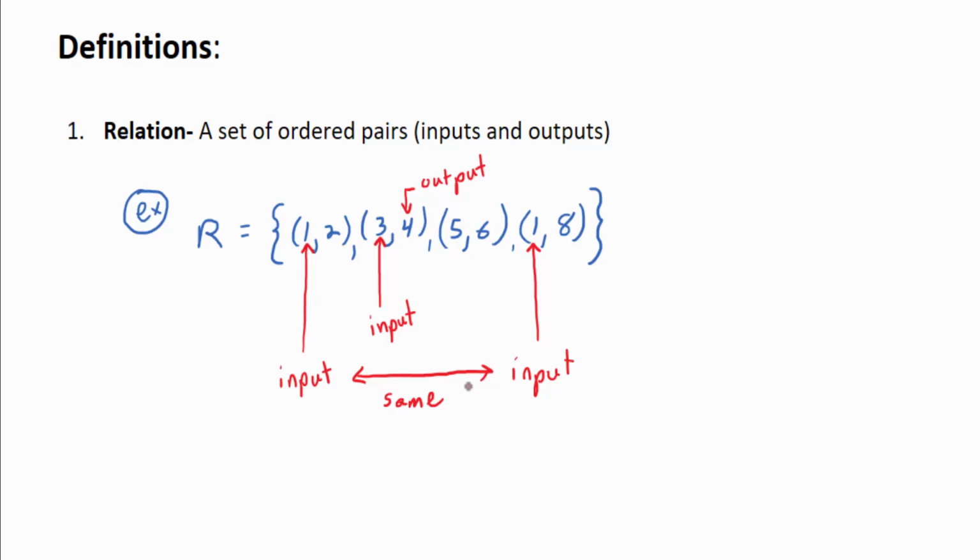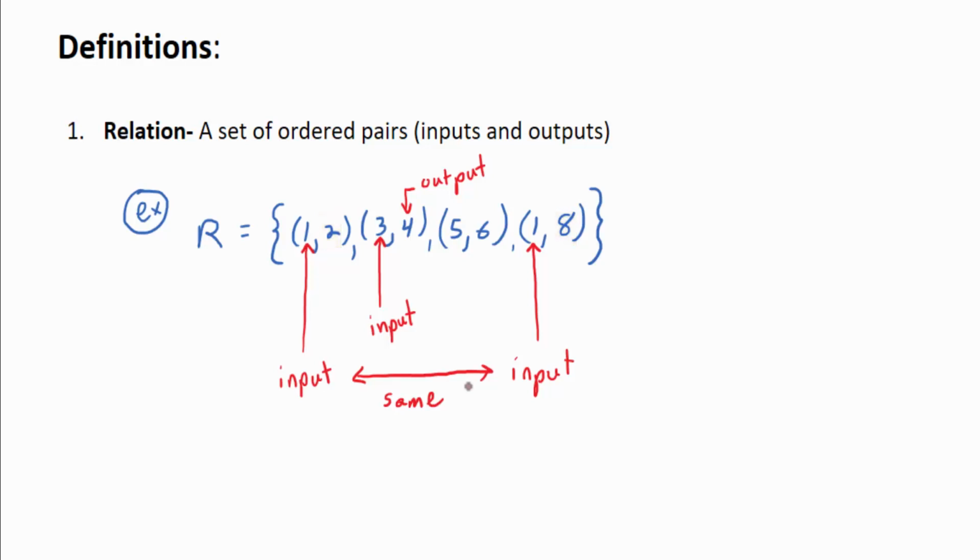You don't want to get 2 different outputs, do you? That would be problematic if you took 1 plus 2 and got 2 different numbers, right? Well, that's kind of like what's happening with this relation. The input is 1, and we're getting 2 different outputs. We're getting a 2 and an 8. So that can be problematic in certain situations.